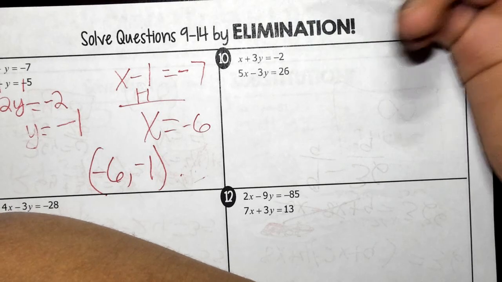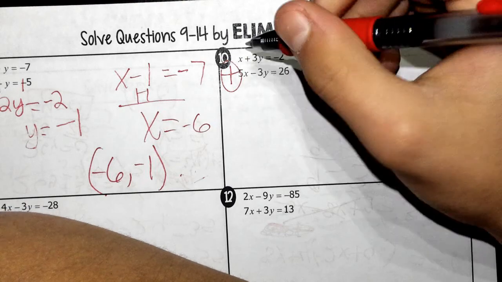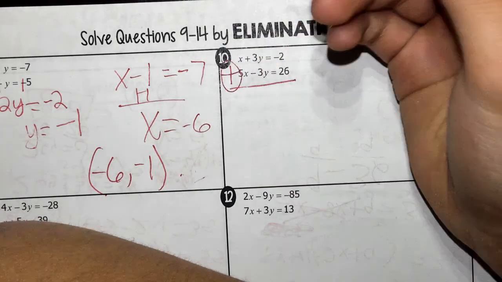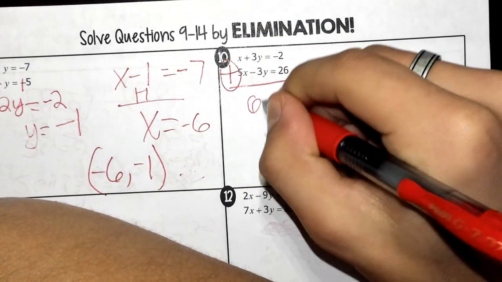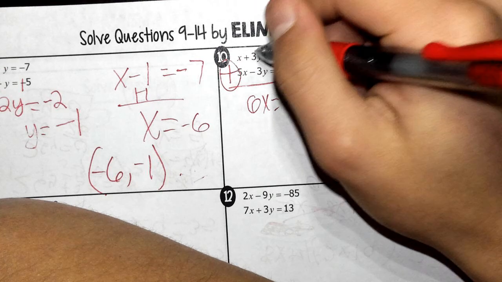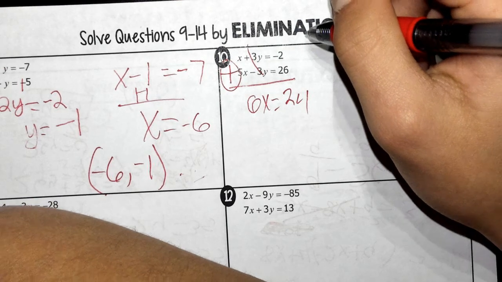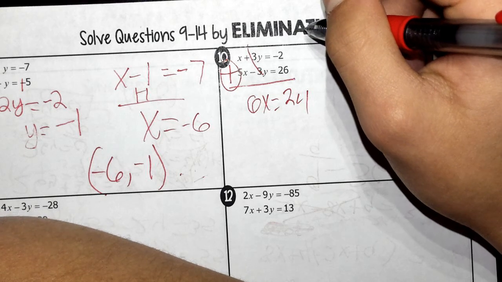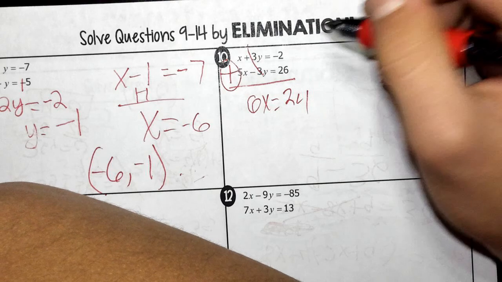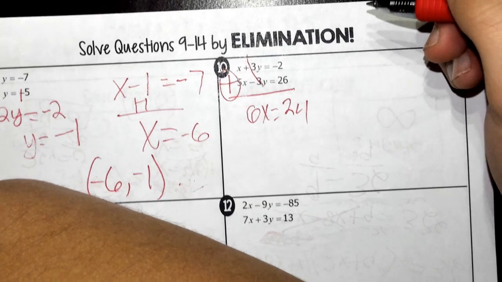So I don't get this. I guess since it's a plus on the first one, so it'd be 6x equals 24.